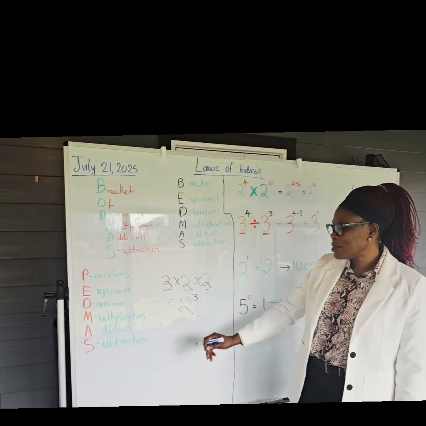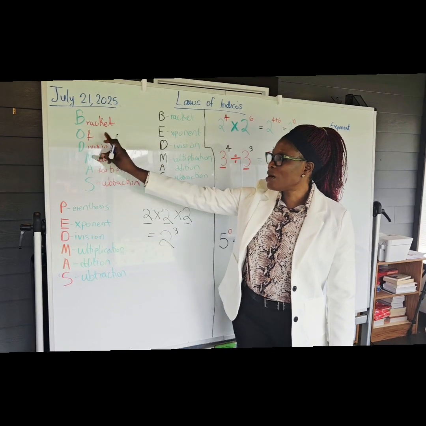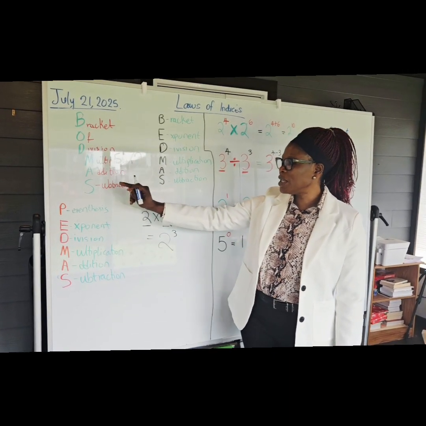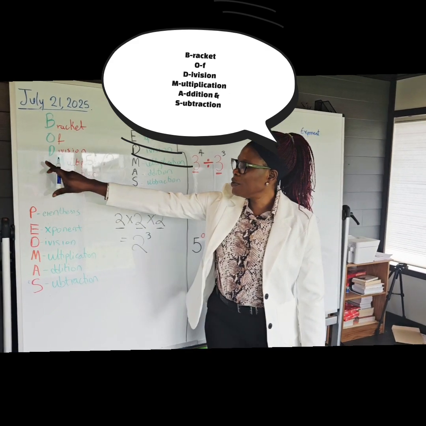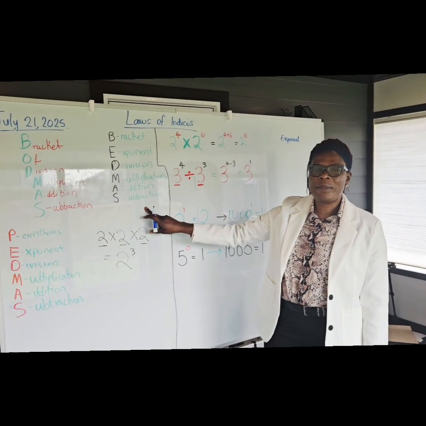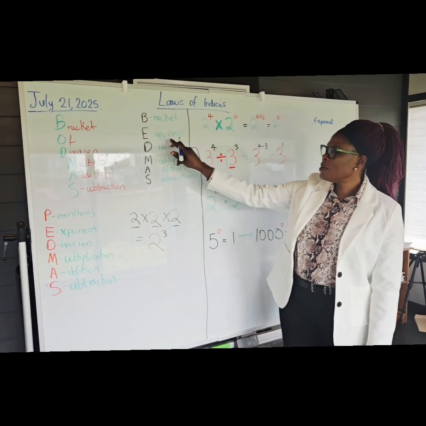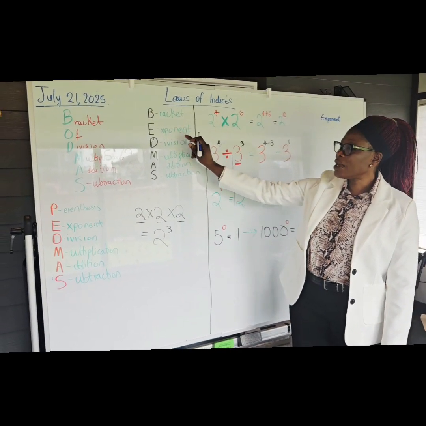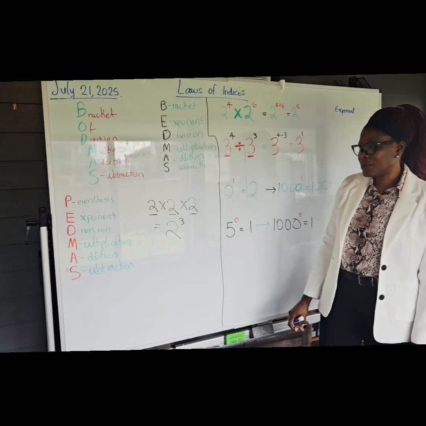BODMAS, BEDMAS, PEMDAS. BODMAS simply means brackets, of, division, multiplication, addition, subtraction. And if you are not conversant with BODMAS, then we have BEDMAS. BEDMAS means brackets, exponent, division, multiplication, addition, subtraction.